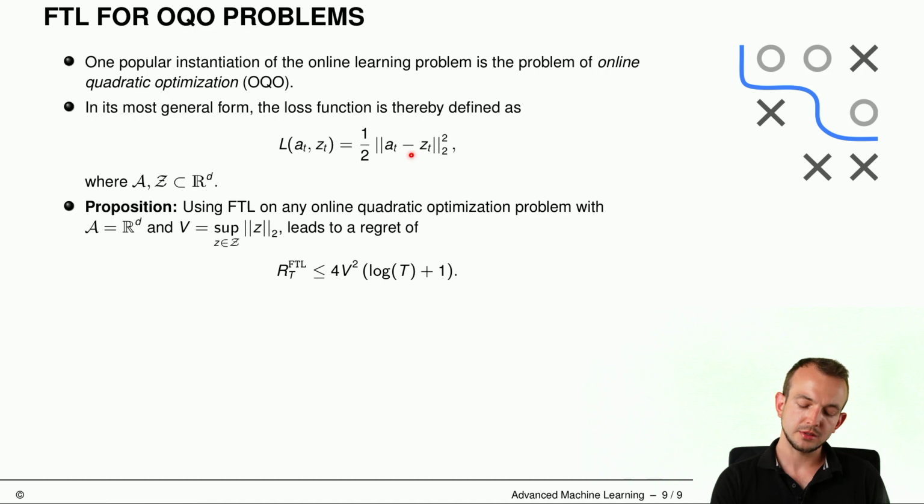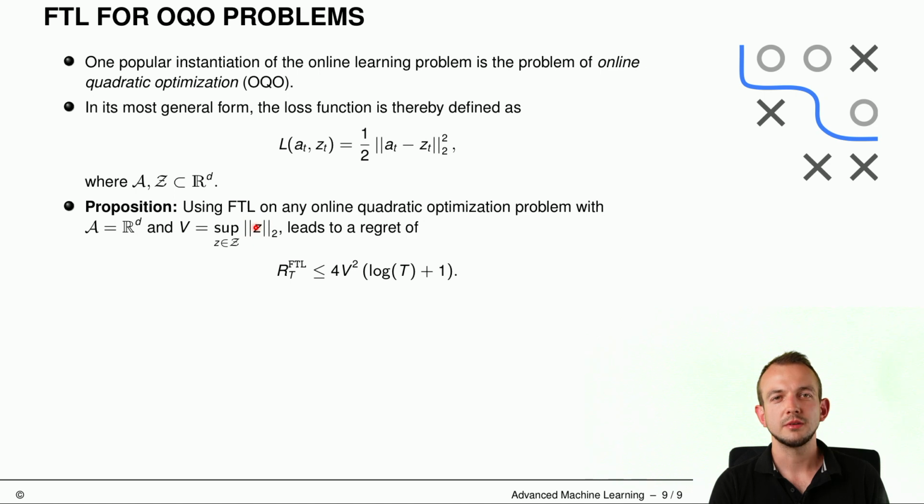Assuming we have an online quadratic optimization problem where the loss function is of this kind, and we assume that the action space corresponds to R^d.